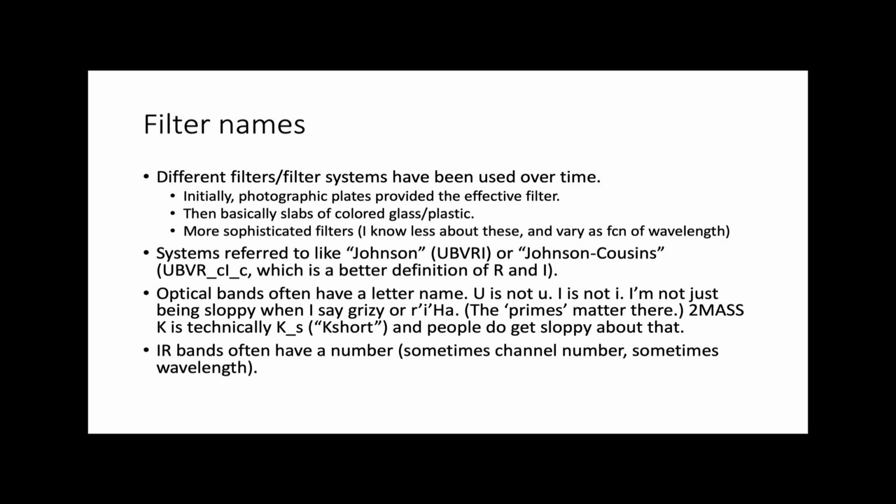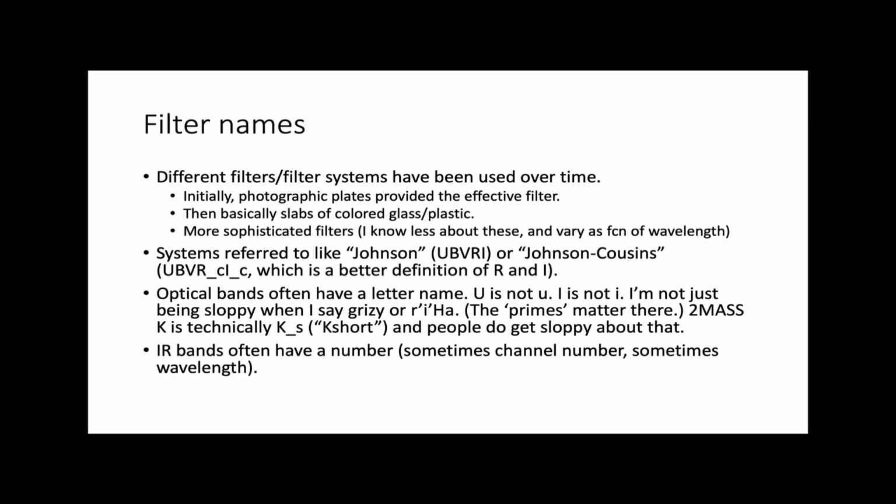So in terms of filter names, there are different filters or even filter systems that have been used over the course of time. Initially, it was photographic plates, and so you had an effective filter of everything the light went through to get to you: the atmosphere, the telescope, mirrors, lenses if it had them, or reflection off of mirrors.